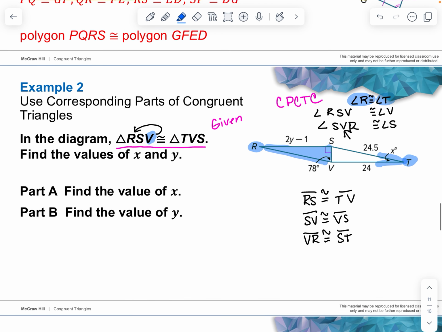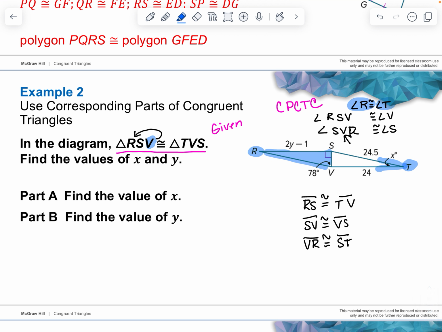Now, part B, they tell us that they want us to find the value of Y. So that's over here. That's this length, RS. RS is equal to TV. Okay.